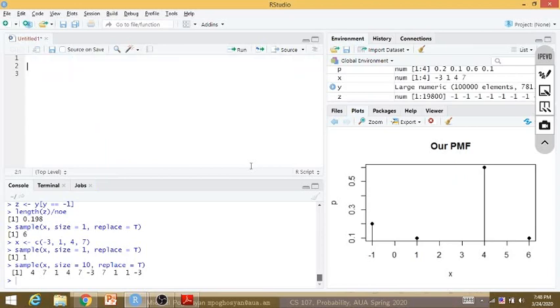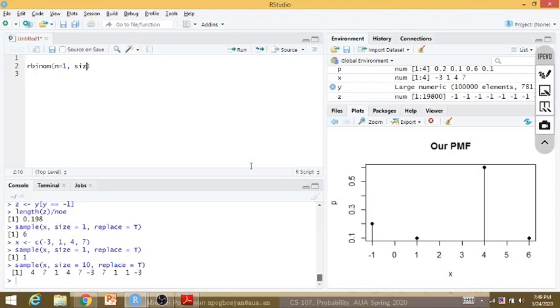The distribution name was, we are generating Bernoulli, but the name was binom. So we need to write rbinom because we want to generate random numbers. So rbinom, n is how many experiments we want to do. n is equal to 1, just once do that experiment.